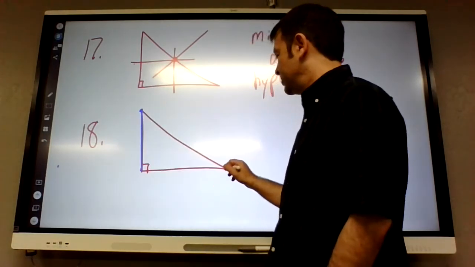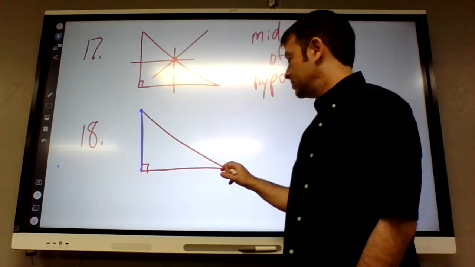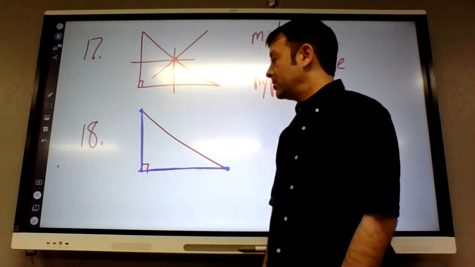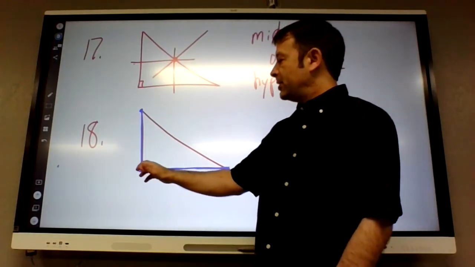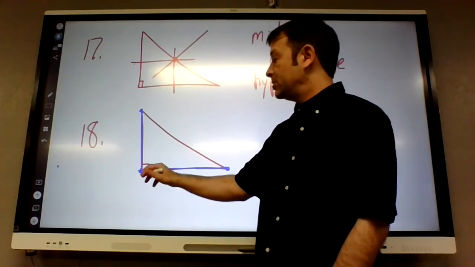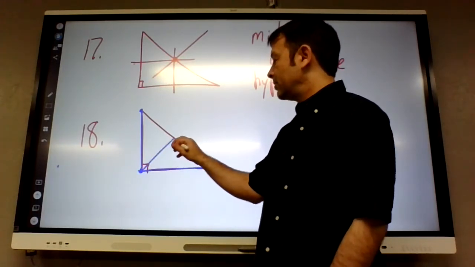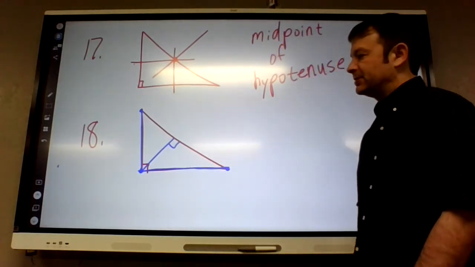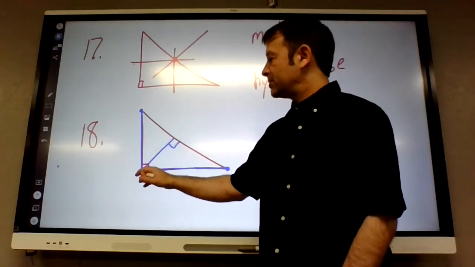Where would the altitude of this vertex be? This is the ground now, so straight to the ground, it would be the other leg. Where would the altitude for the 90-degree vertex be? Straight to that ground. Alright, where do they meet at? The vertex of the right angle.